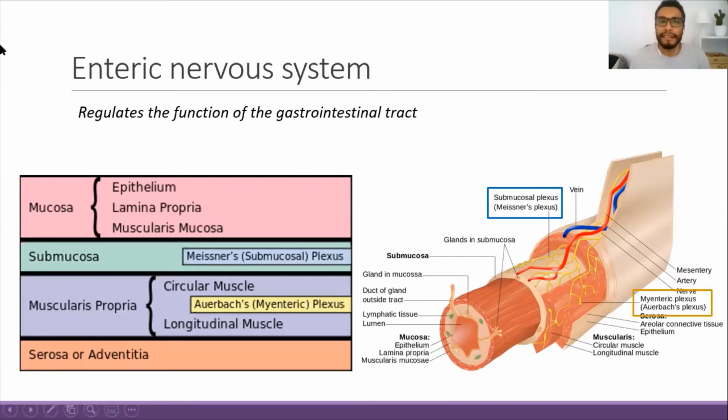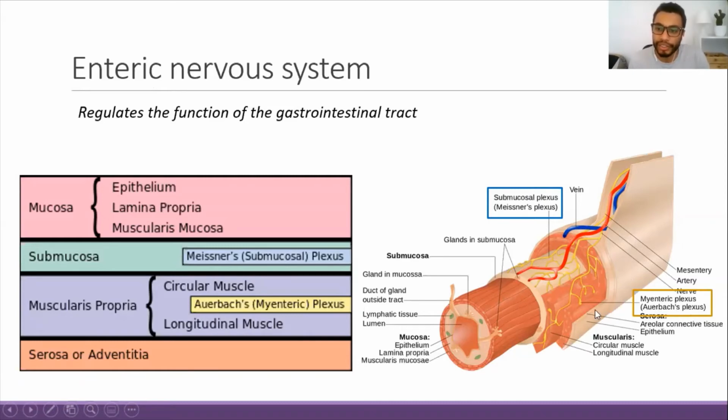We basically have two different plexuses in the enteric nervous system. The first one that you see here is the myenteric plexus, or Auerbach plexus.